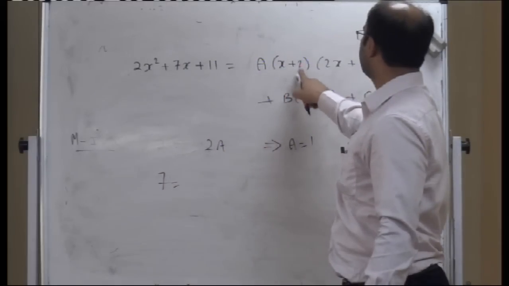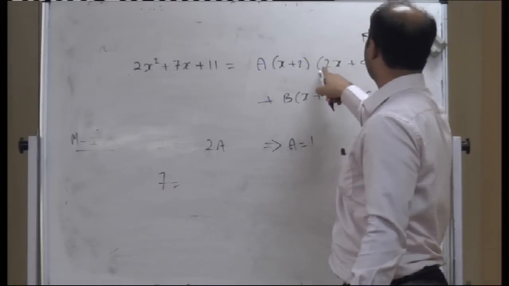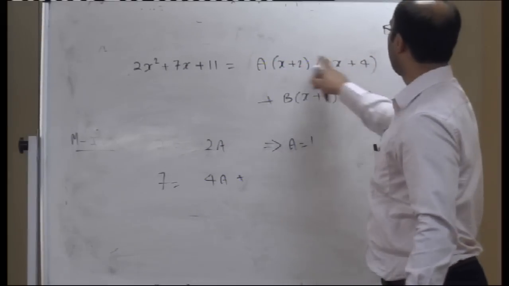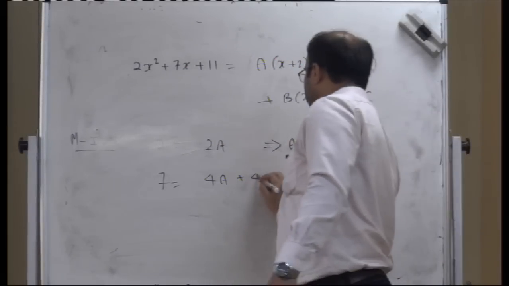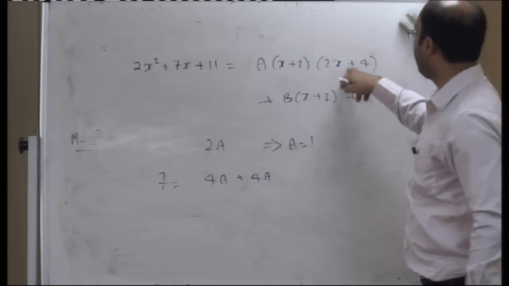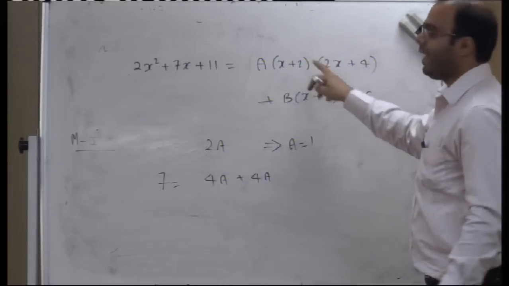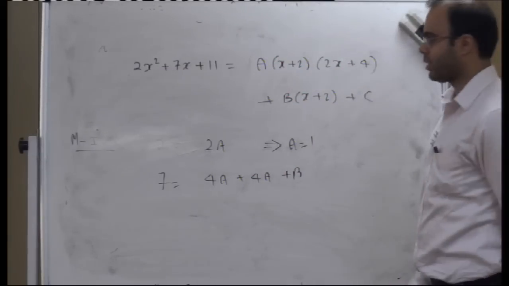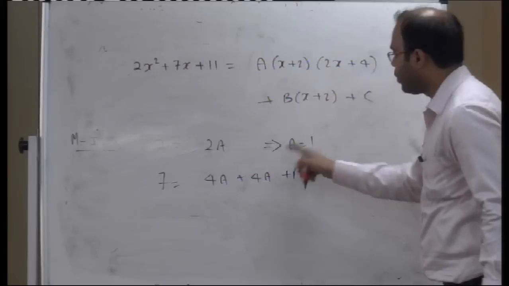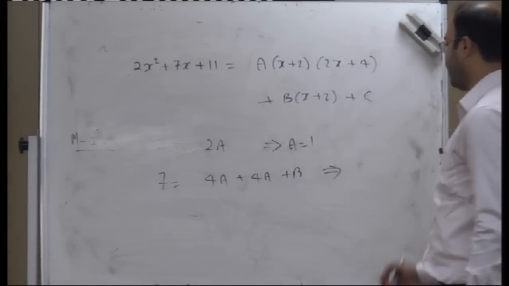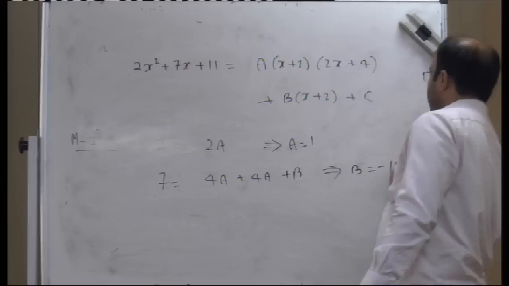Here it is 4a plus another 4a, and plus b. There is no c with x. After putting a as 1, this would be 8. 7 minus 8 is minus 1, so b is minus 1.